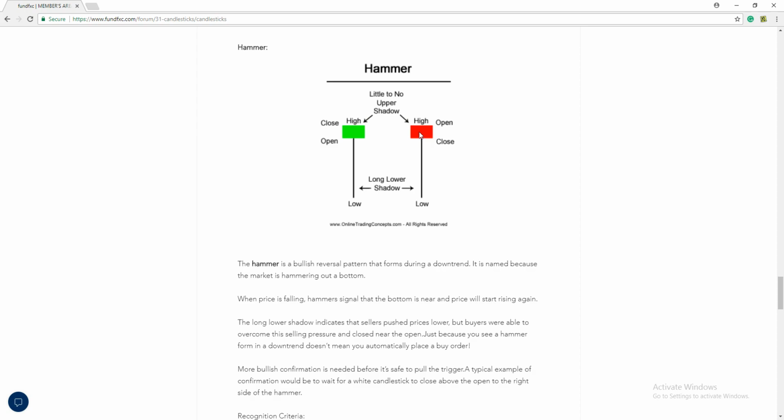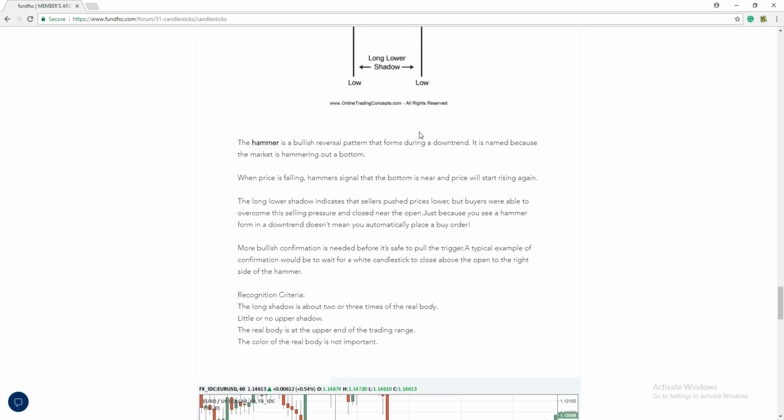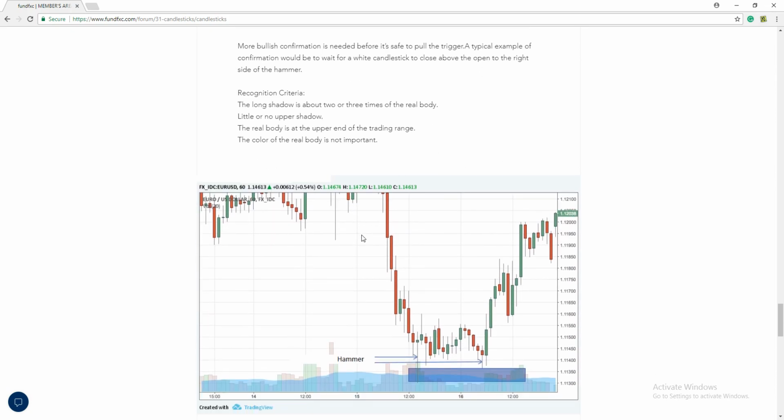So how do we actually find a hammer in a trend? We'll have a downtrend. Then price will be bearish, push down, and then bulls will push price back up. As you can see, that long candle there is a hammer. That too is a hammer there. But now, this is at a defined area of support.